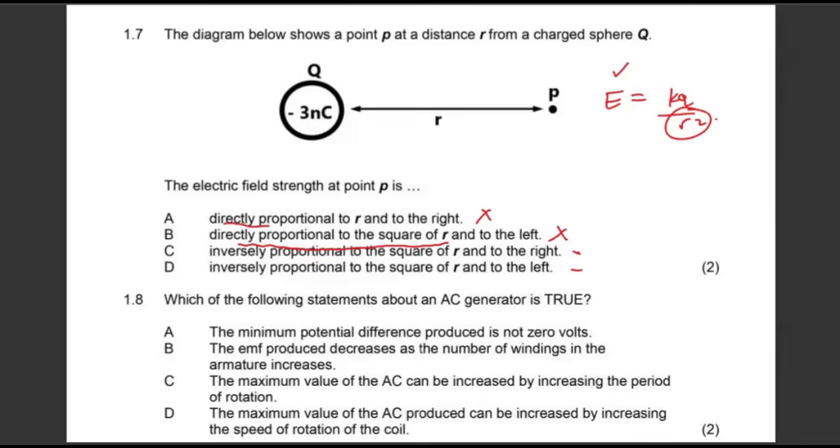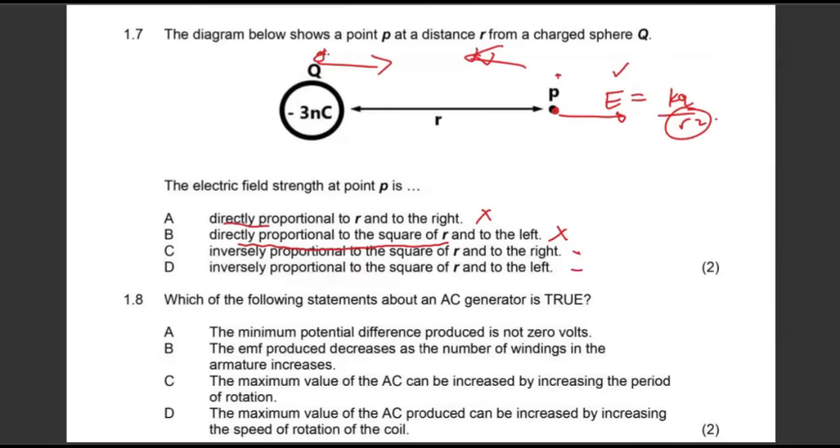So we know that we normally take P to be a positive charge, okay? And if it's a positive charge, what's going to happen here? It's going to be attraction. So the electric field at P, when you're focusing on P, this force will work on P in that direction.